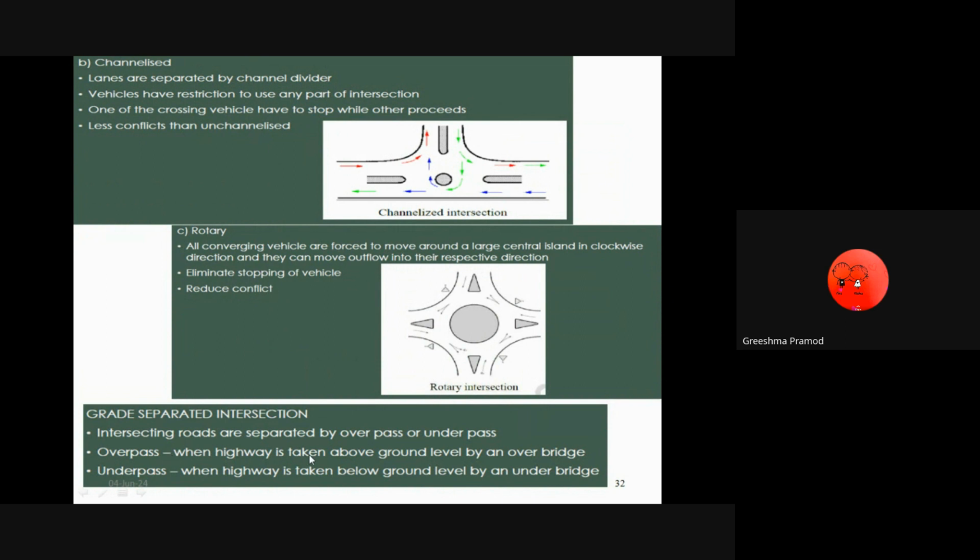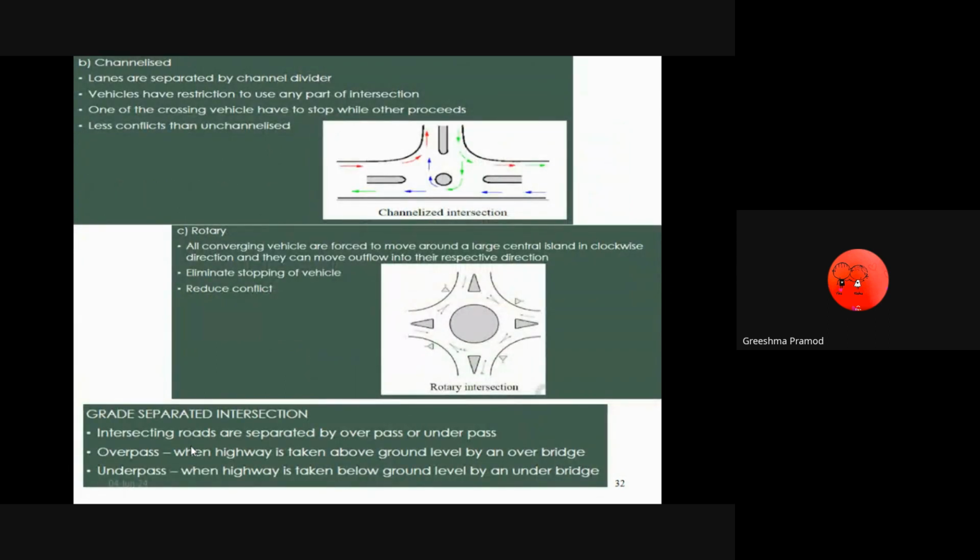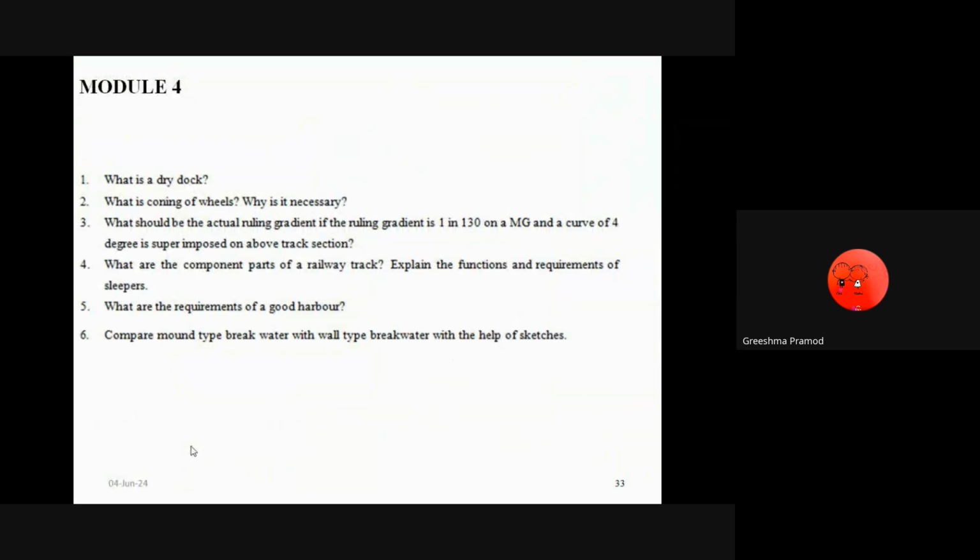Overpass when the highway is taken above the ground level by an overbridge, and underpass when the highway is taken below the ground level by an underbridge. Okay, so these are the different types of road intersections with the help of sketches. So that was from module 3, and from module 4 these were the questions that were asked.